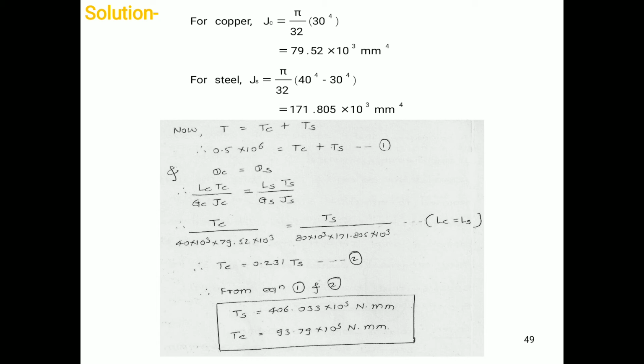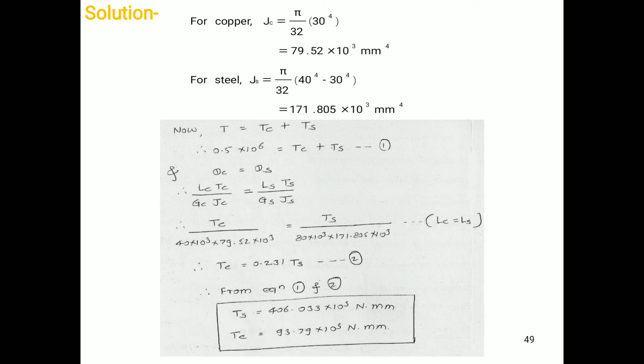The second governing equation is that the angle of twist in both the shafts will be the same, that is, theta of copper will be equal to theta of steel. The theta can be given by TL upon GJ for both the shafts. As per the statement, the length is the same in both steel and copper, so the length will get cancelled.